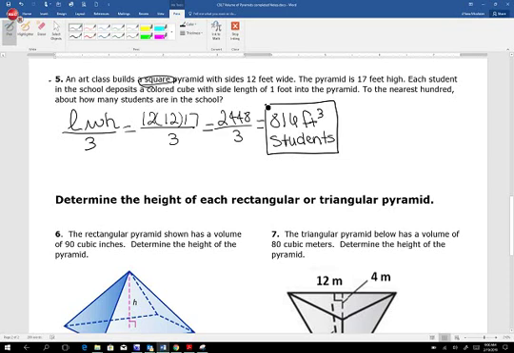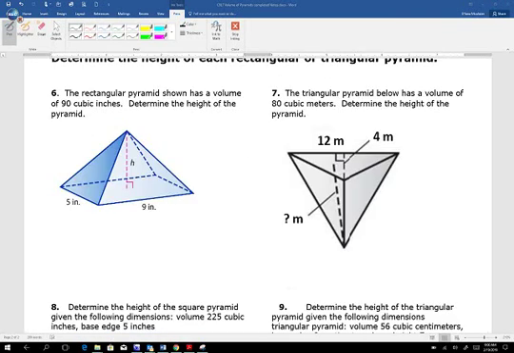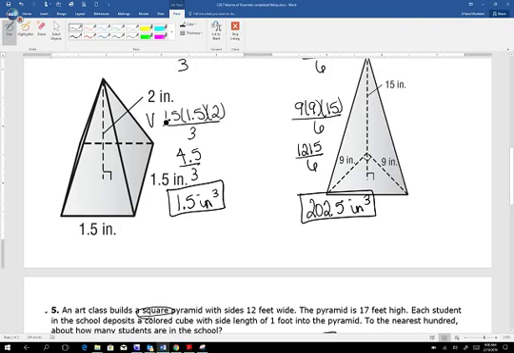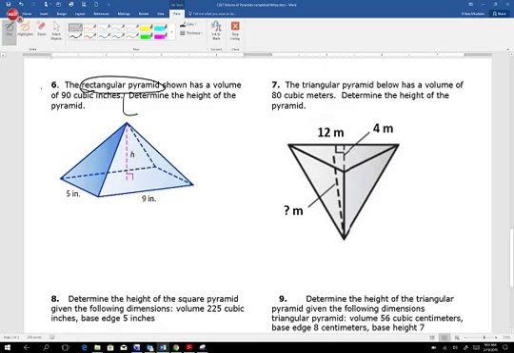Let's take a look at the next set of examples. These are worked a little bit differently because we are now given the volume and we are finding the unknown height. On 6, 7, 8, and 9, this is where the formula becomes very important, that we need to remember that to find the volume of a rectangular pyramid, we are going to write volume equals the length, the width, and the height divided by 3.